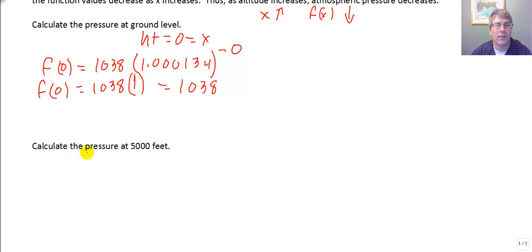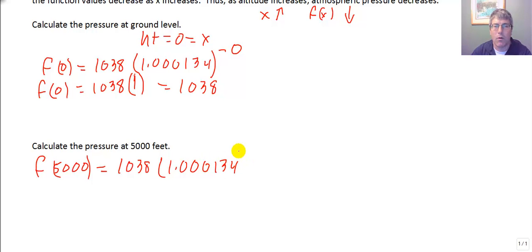So let's take a look at the pressure at 5,000 feet using our function. F of 5,000 equals 1,038 times 1.000134, all raised to the negative 5,000 power.